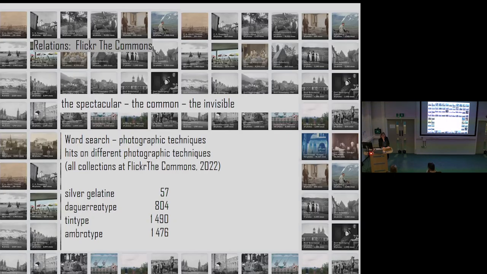And I don't know if you're photo historians or knowledgeable in photo history, but silver gelatin has been the dominating photographic technique since the late 19th century and was completely dominating during the 20th century.